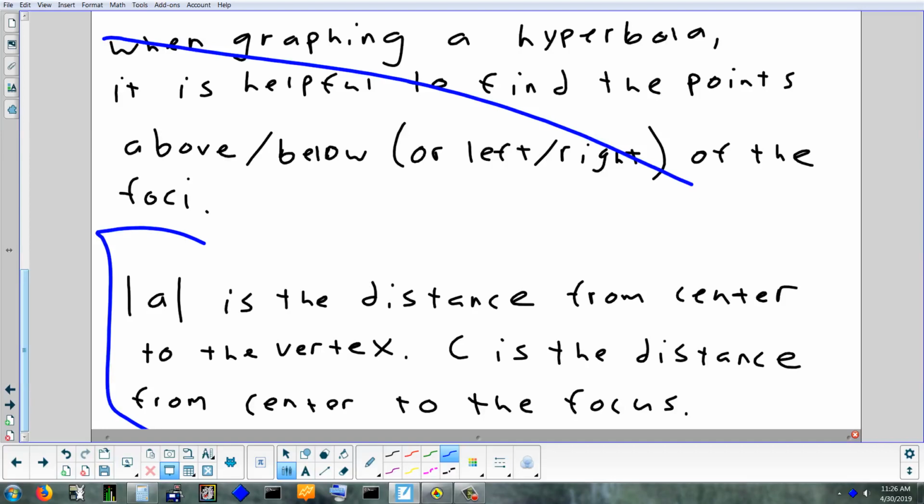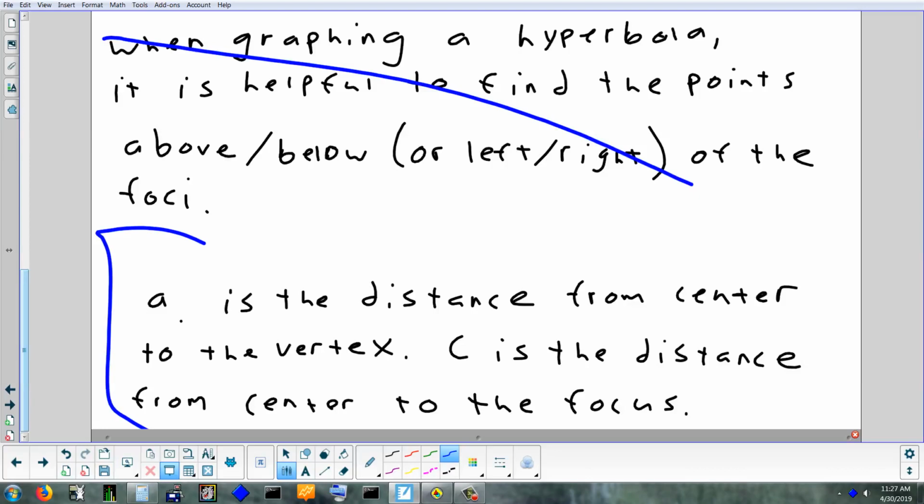The fact that the book puts an absolute value around that A, I don't even think it really is going to make a difference. I wouldn't even worry about the absolute value. The way we're doing it, it's going to be fine. So A is the distance from the center to the vertex. C is the distance from the center to the focus.